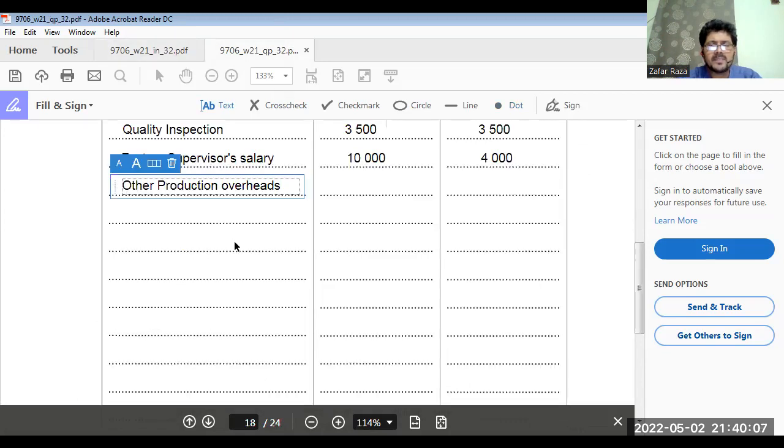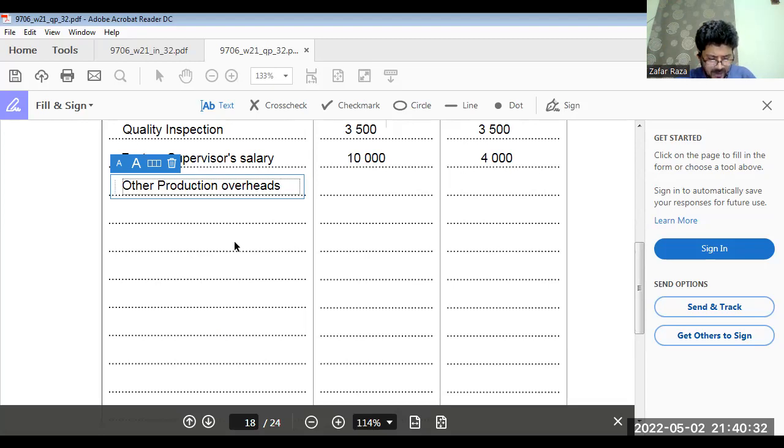So they are making 5,000 units of A and 1,000 units of B. So in total we have 6,000. So what we do, we'll take 5,000 divided by 6,000 multiplied by 27,000.